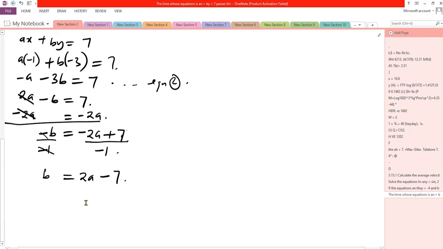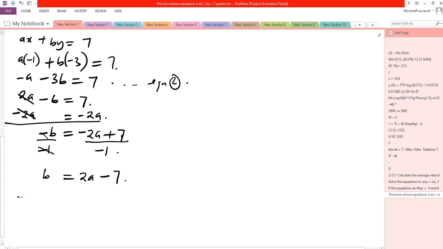So we have b equal to 2a minus 7. So wherever we see b, we substitute with 2a minus 7. Since we used equation 1 to get our b, we are going to substitute b into equation 2.